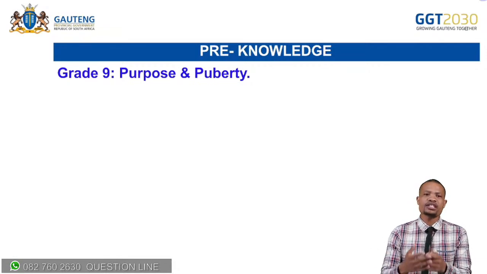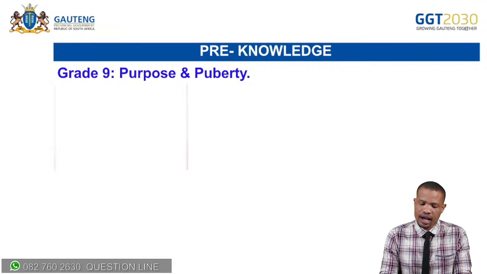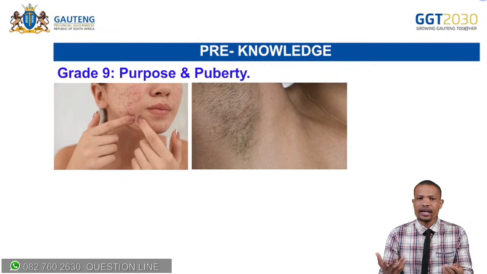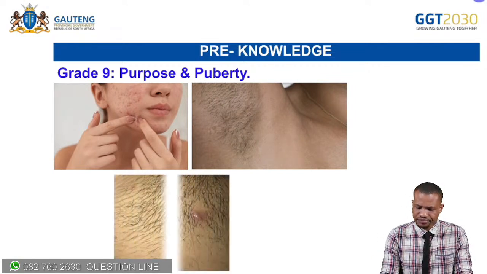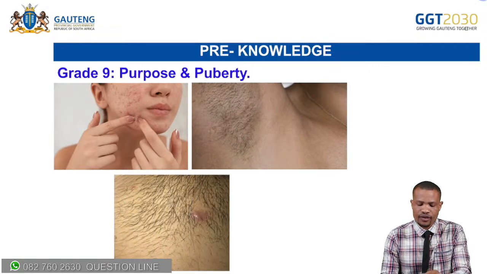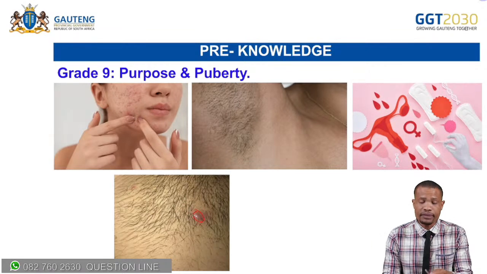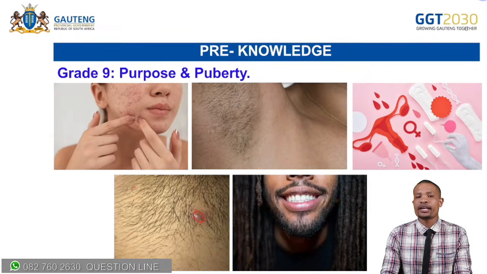So amongst the changes that occur in the bodies are the appearance of pimples. Then you can have underarm hair, pubic hair, and the appearance of acne, and the appearance of the first period or menstruation in females, and in males you will have the appearance of facial hair.